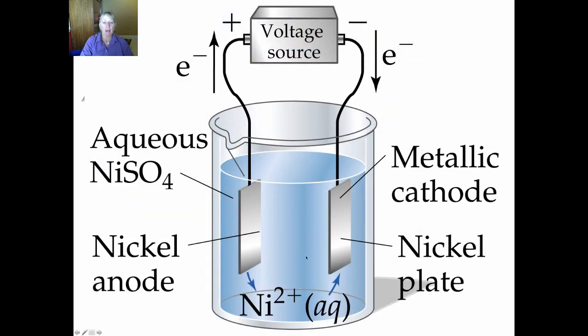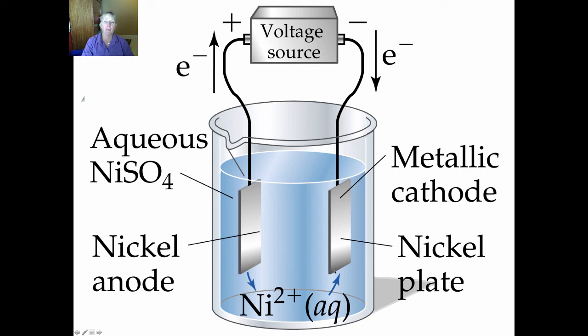So those nickel ions, what is happening over at the anode is the atoms of nickel are being forced to lose their electrons, which transfer through the external circuit, pushed along by the voltage source. And when the atoms lose their electrons, out come nickel ions into this solution.